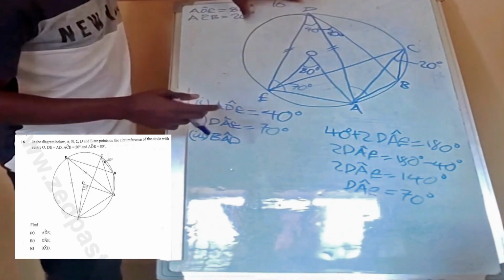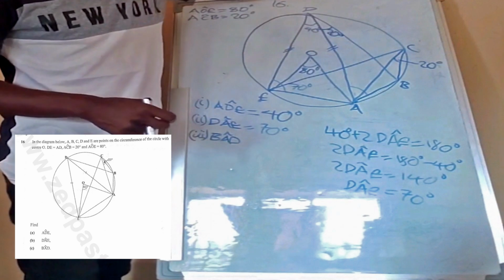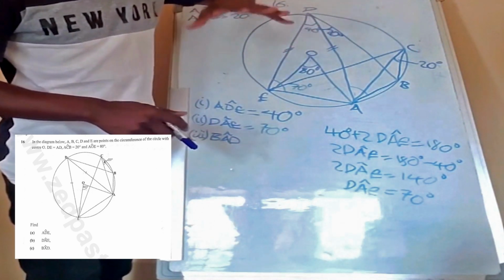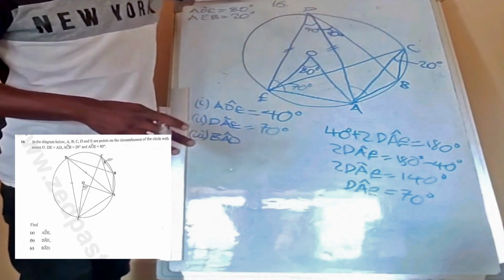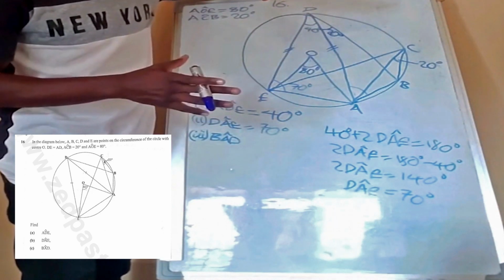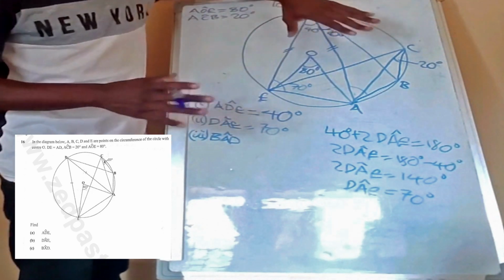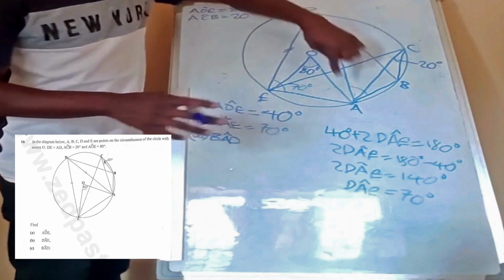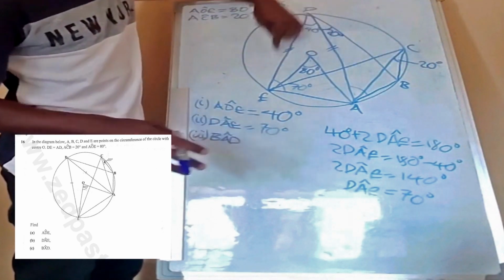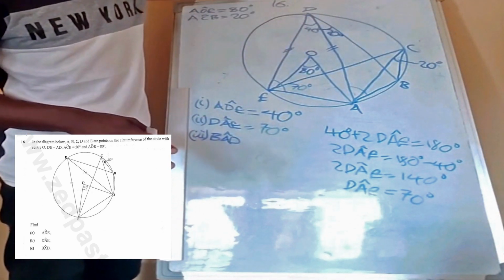Good. When you look at this shape, we have a cyclic quadrilateral. Can you see it? Try to look closer. The cyclic quadrilateral that we have is A, B, D, E. Can you see it now?